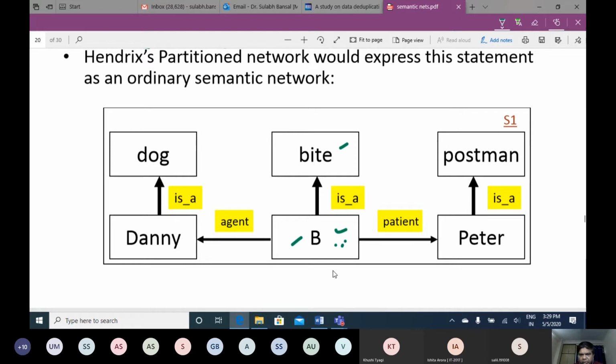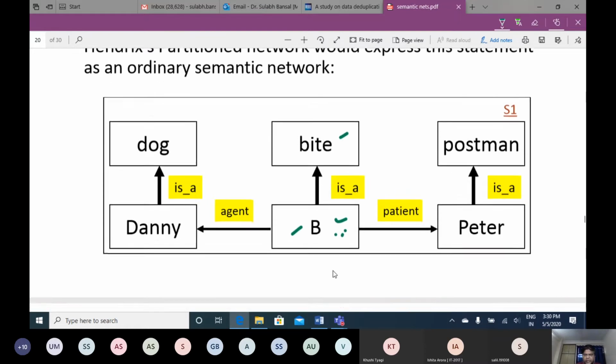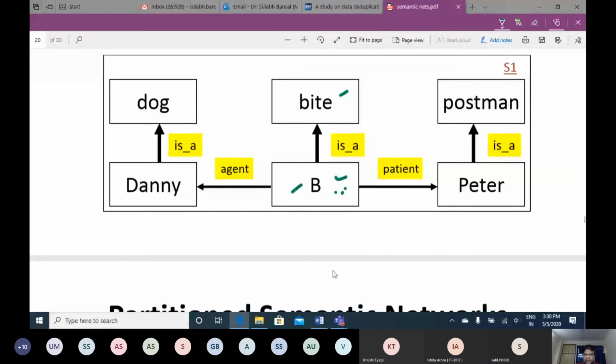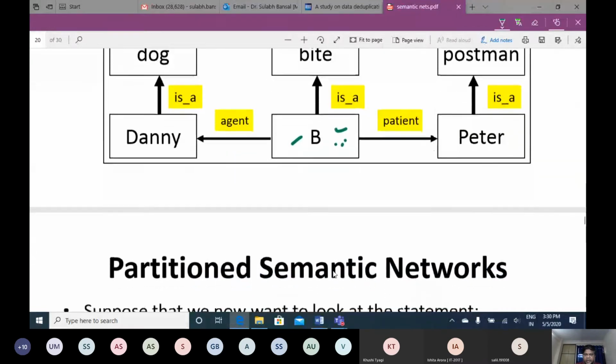Okay, so instead of designing a generalized network which represents the entire knowledge in one frame or one diagram, we represent the parts of knowledge in different sub diagrams and link them together.